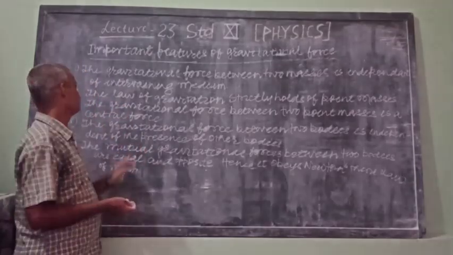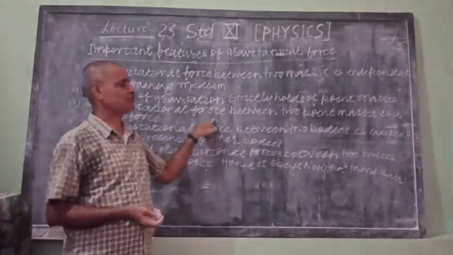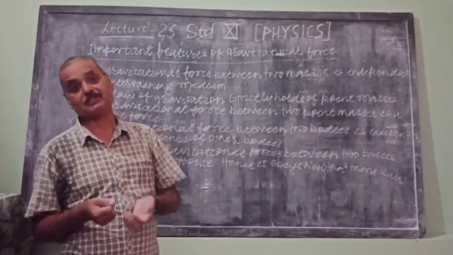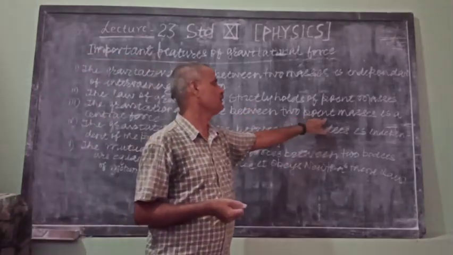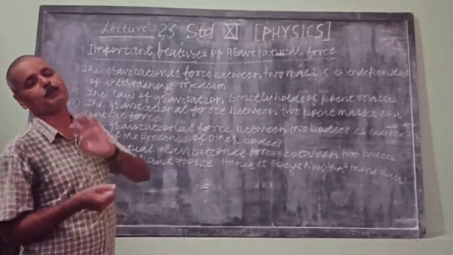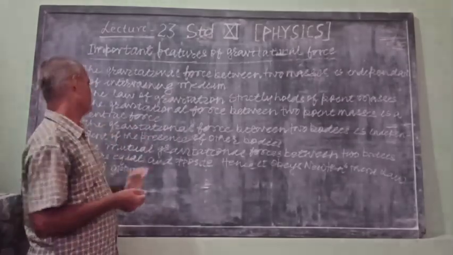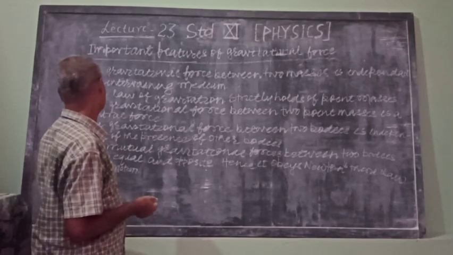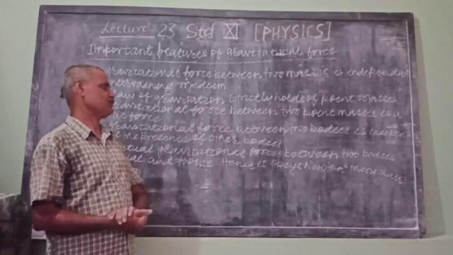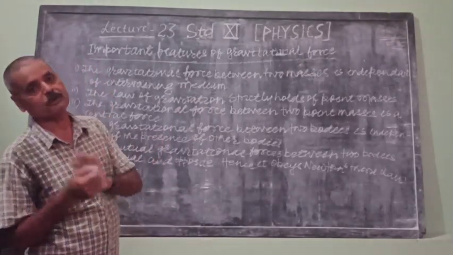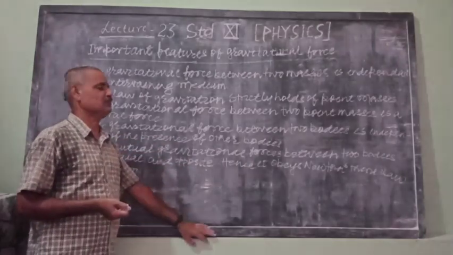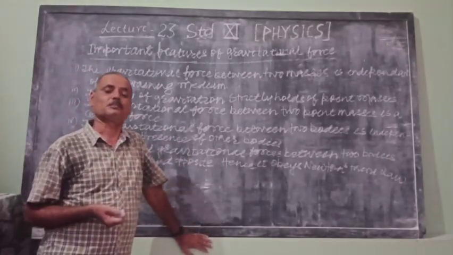Third, the gravitational force between 2 point masses is a central force. Fourth, the gravitational force between two bodies is independent of the presence of other bodies.